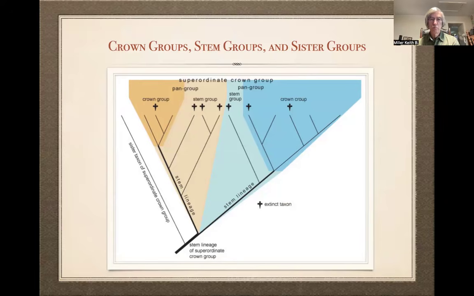All those living organisms that are placed within that category and their common ancestor and all the descendants of the common ancestor of those living organisms are all placed within the crown group. And all those organisms share all the fundamental characteristics that define that group.